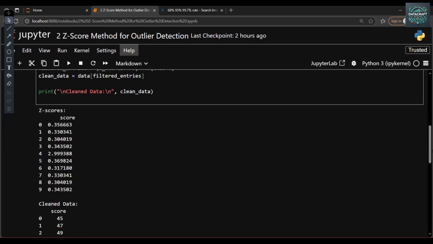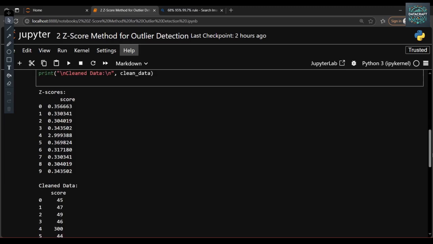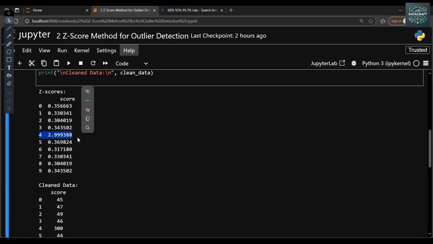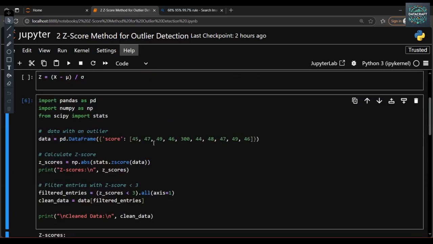Now let's try to understand. See the Z-scores: the first value is 0.35, and so on, and for the data point 300 the Z-score is 2.99. The 2.99 is the 300.